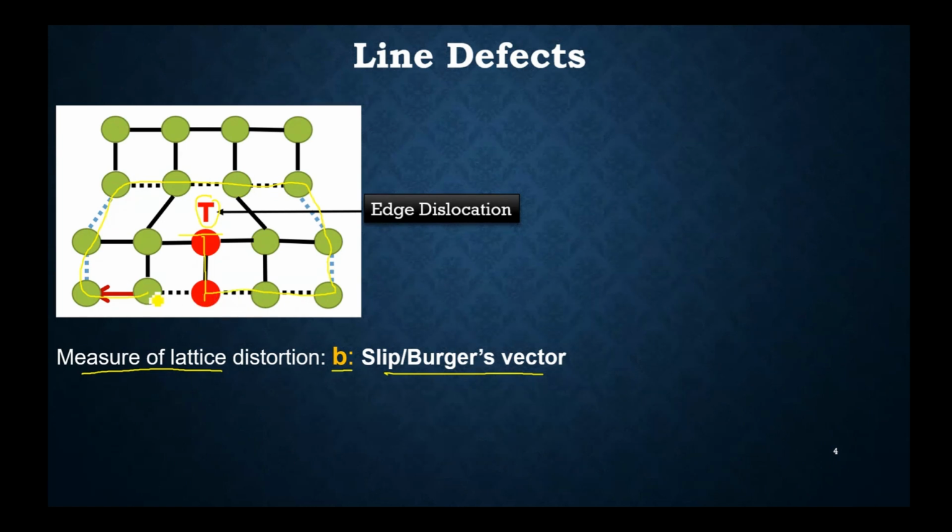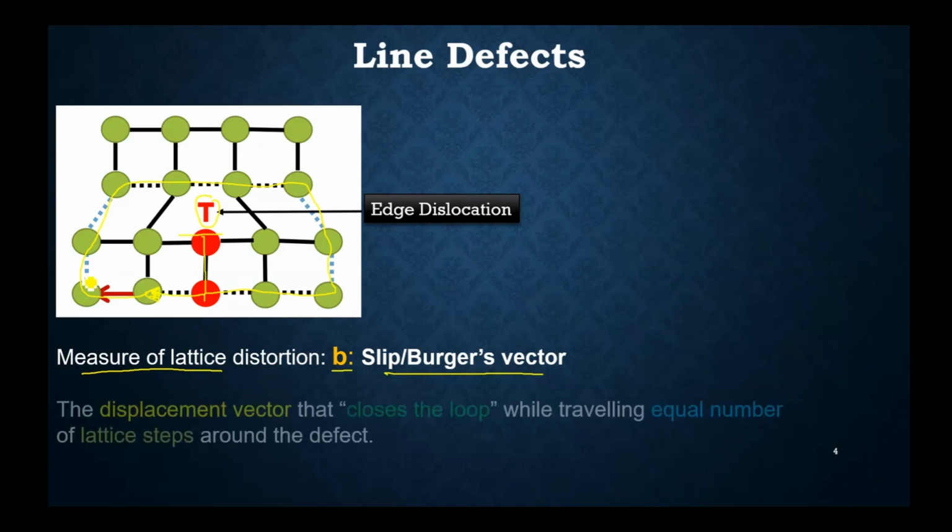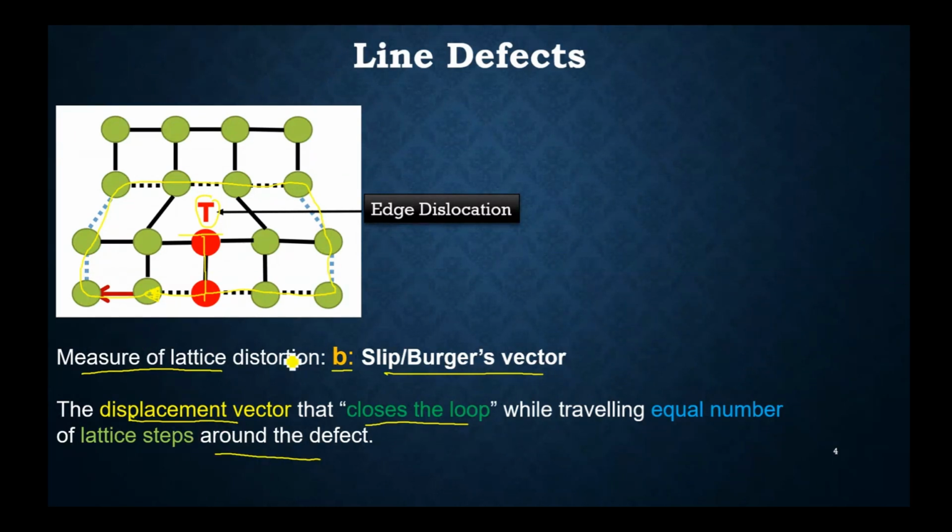The last step to close the loop would basically give you the measure of lattice distortion, or Burgers vector. So the displacement vector that closes the loop while traveling an equal number of lattice steps around the defect is basically something that would give you the extent of dislocation within the lattice.